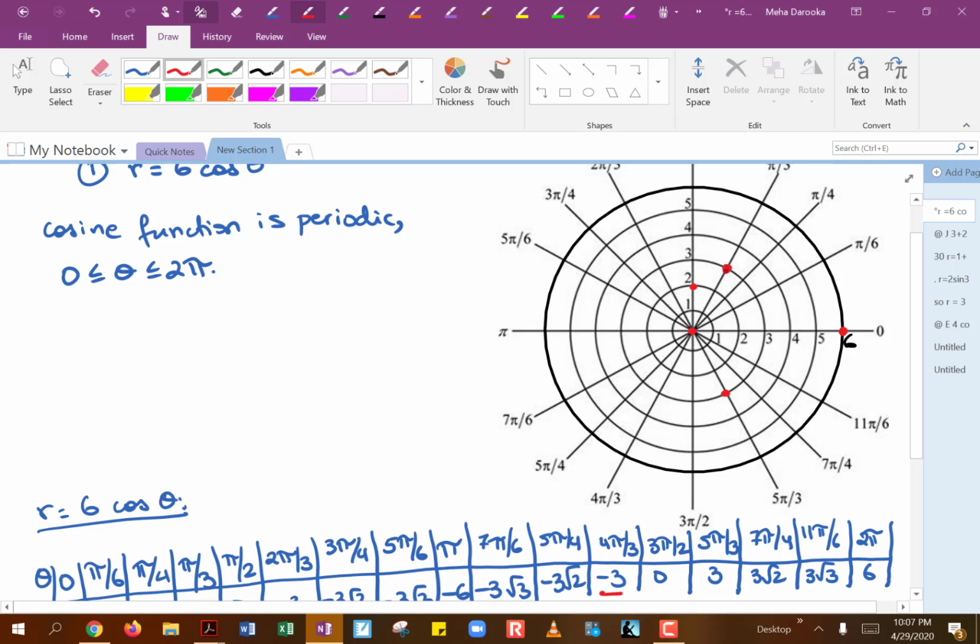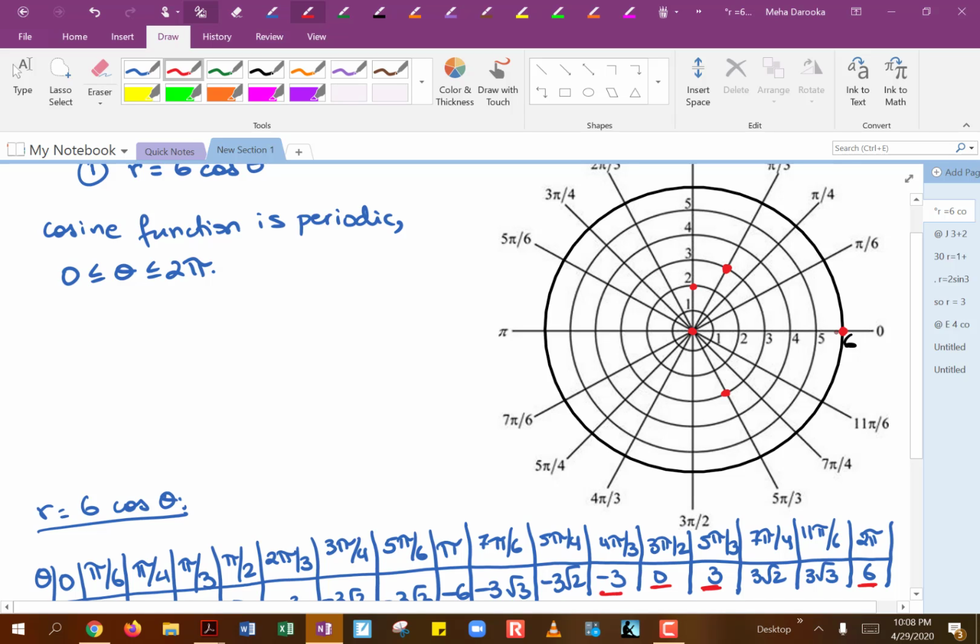See, 4 pi over 3 at negative 3 will actually take us back to this point. 3 pi halves is at 0. 5 pi over 3 is at 3, which will be this point again. And then 2 pi is at 6.